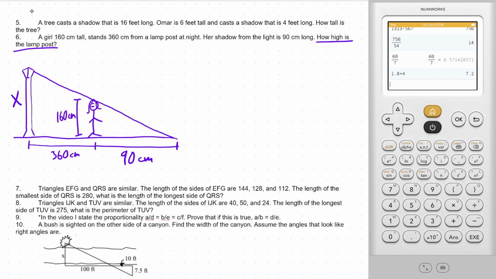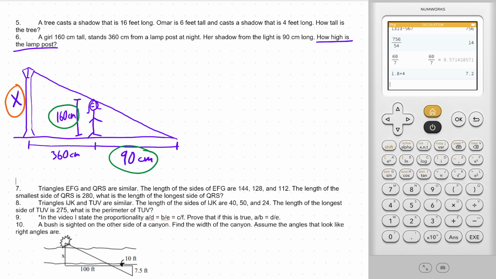And so what are the sides of my two similar triangles? We can see the two similar triangles here, right? First of all, for the smaller triangle, we have 160 centimeters and 90 centimeters. For the larger triangle, we have X and, wait a second, not 360, right?